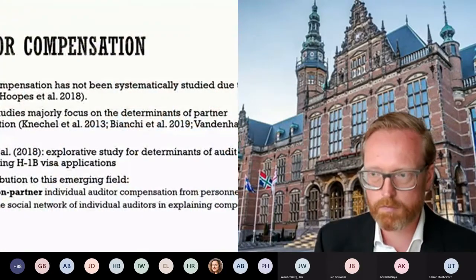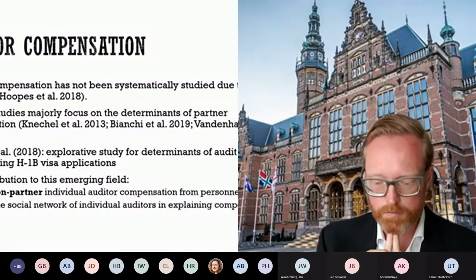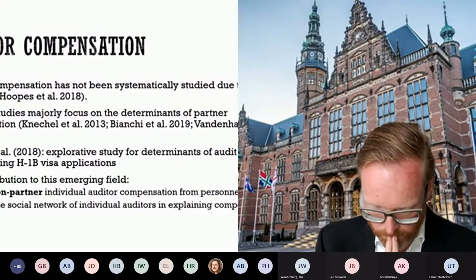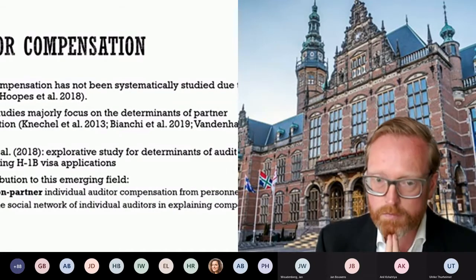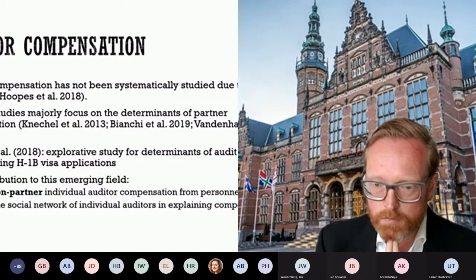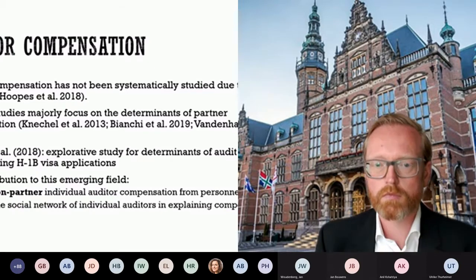Now, if you look at our study, just like Hoopes et al., we focus on individual non-partner compensation. What makes our study unique is that we have had access to individual auditor compensation from the personnel records of a certain Dutch audit firm.